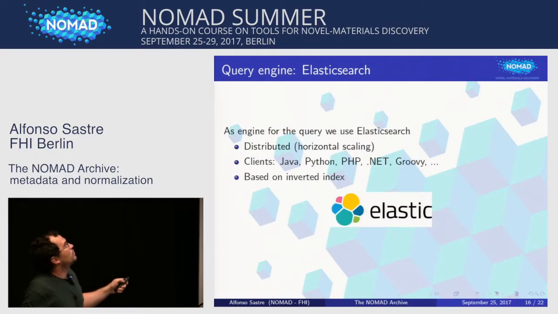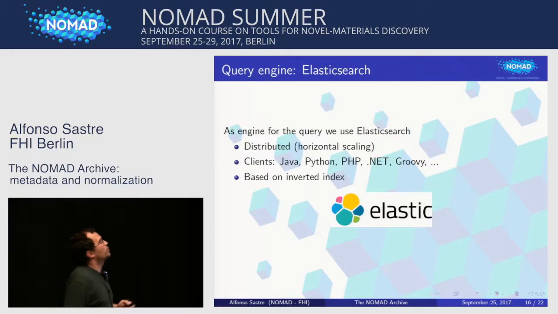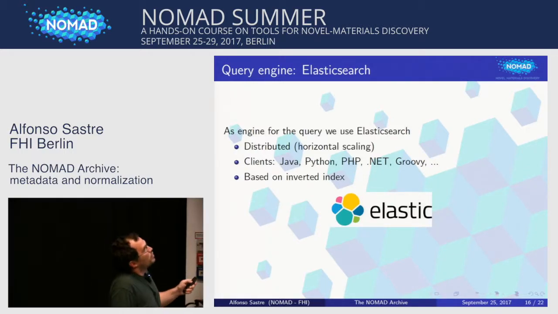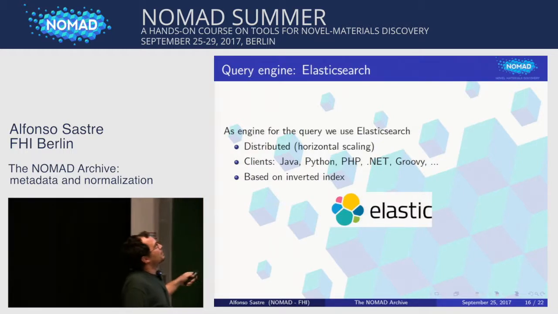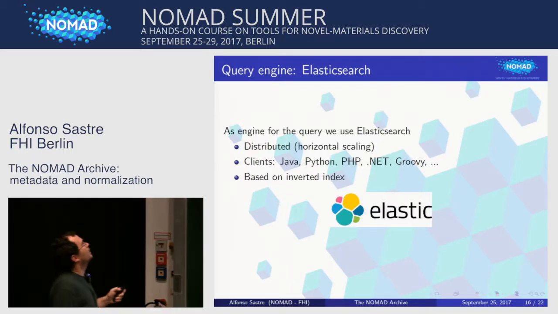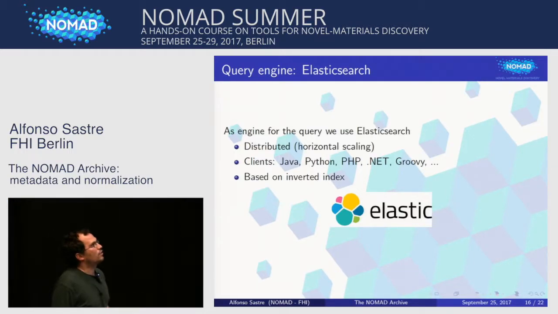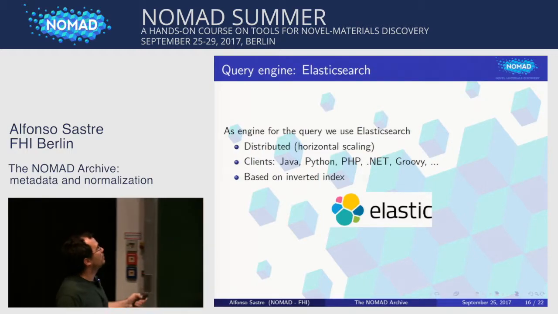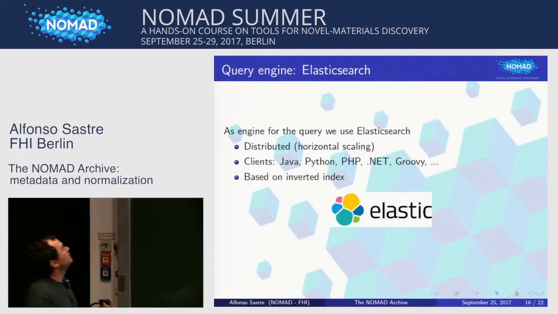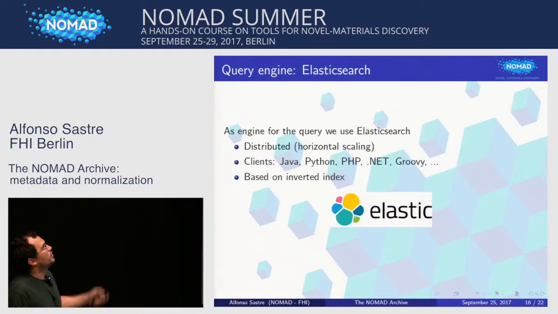You have clients for all the most used programming languages. We don't have access, at least externally, to our Elasticsearch. And these technologies are based on this inverted index that allows you to query very fast in whatever search engine. So the important thing is how you define your index.